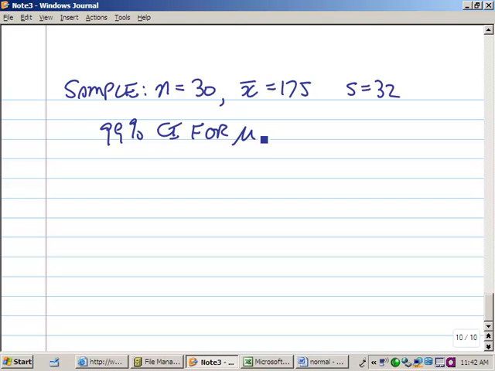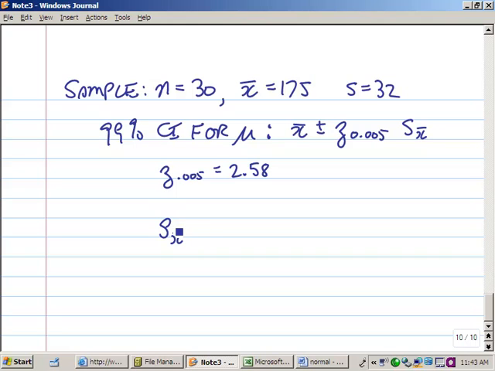For the true average, the formula will be x bar plus or minus the z. Since there's 99% in the middle, there'll be 1% in the tails, and half of 1% is half a percent, or 0.005, times the estimated standard deviation S sub x bar. From the above, we had z with 0.005 at 2.58, I believe.